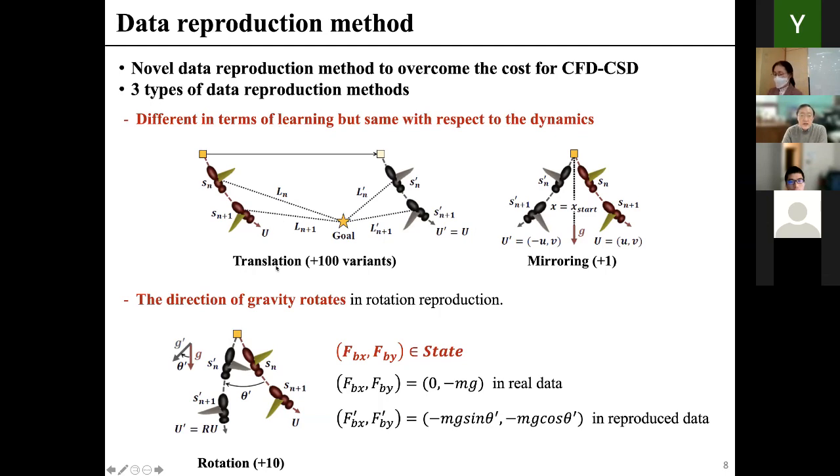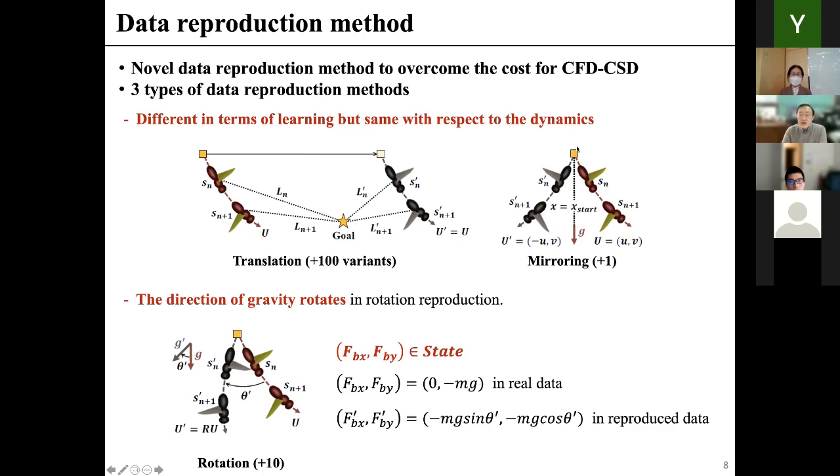One is translation, which means you simulate only a single stroke motion, and then move this motion in the X, Y two-dimensional space to 10 different locations each. So we make a total of 100 different variants of the same motion in the two-dimensional space.